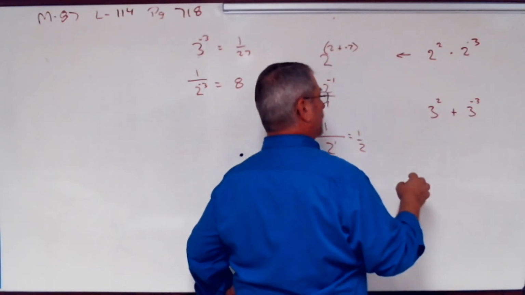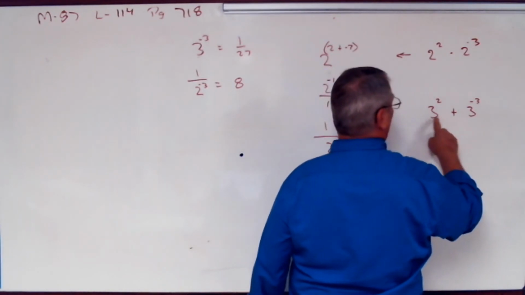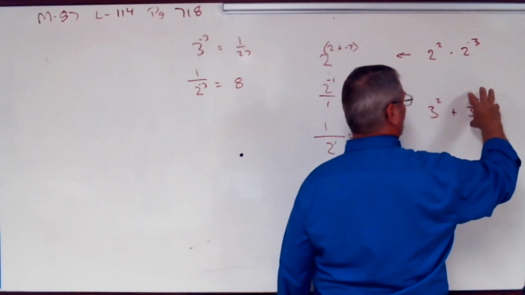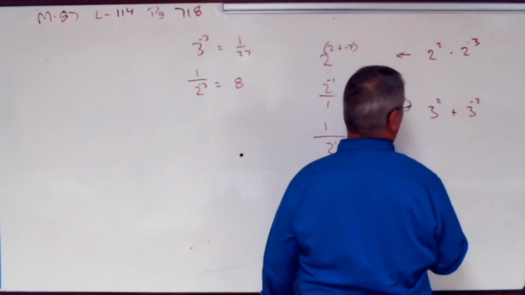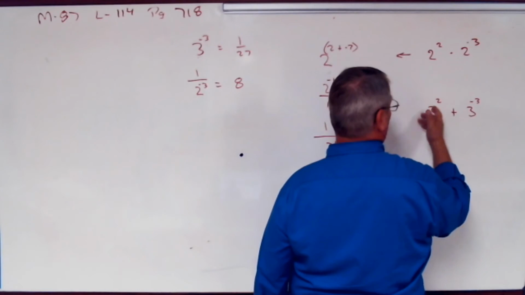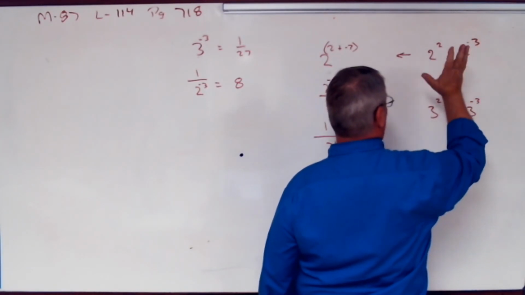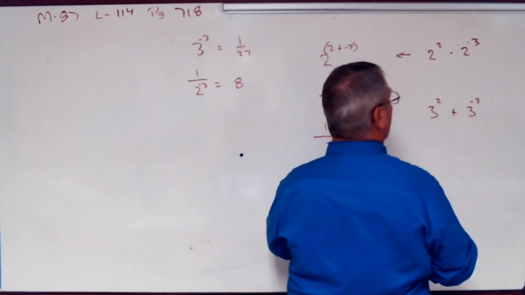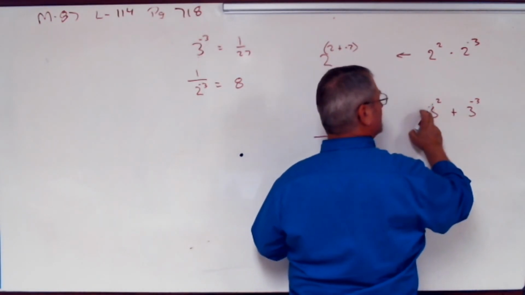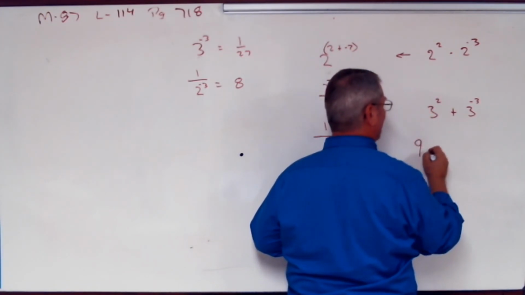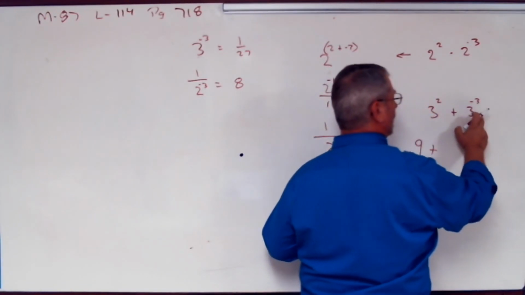Now this one here, we're adding. We can't do anything with this. We have to work this, and we have to work this, and then we have to add them, because exponents come before addition. So this is just 3 squared, which is 9, plus. I can't do anything with this.